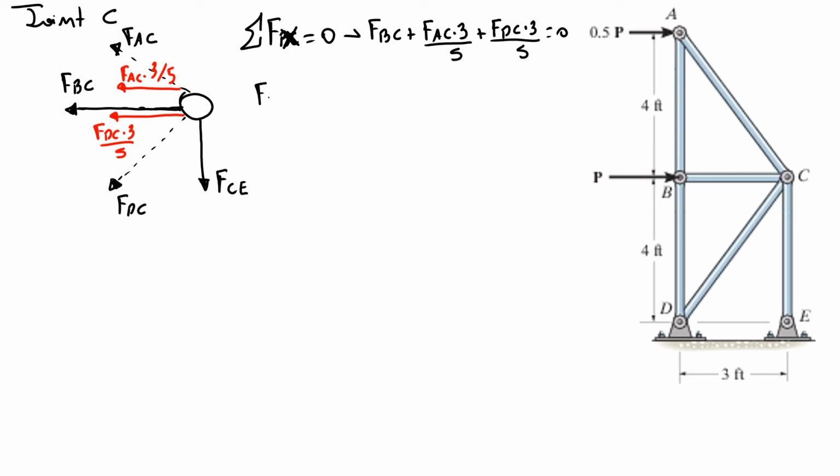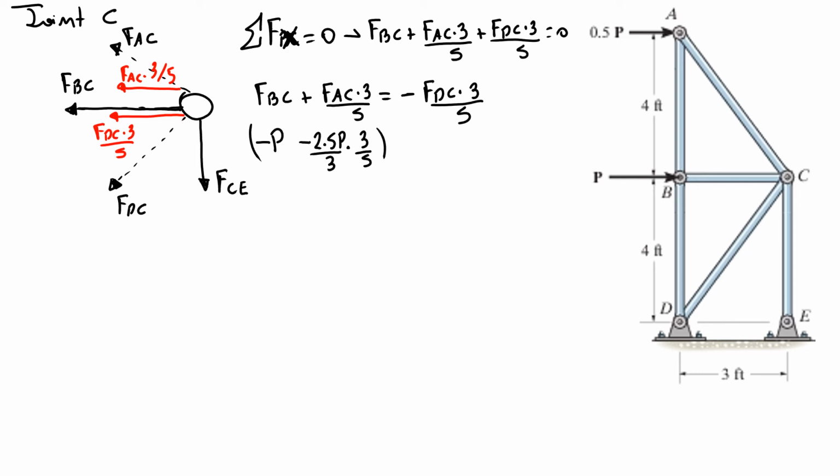So I have FBC plus FAC times 3 over 5 is equal to minus FDC times 3 over 5. Our FBC is minus P. Our FAC is minus 2.5P over 3 times 3 over 5.